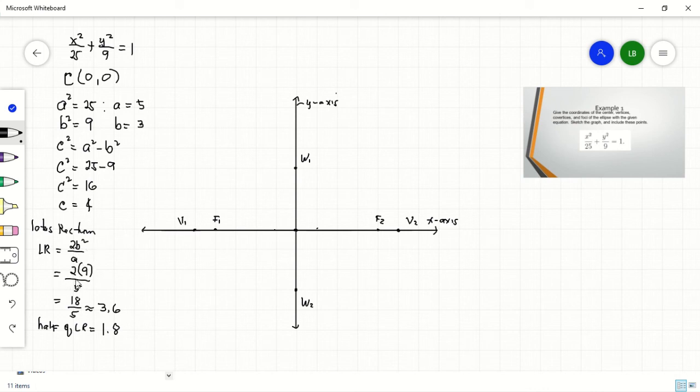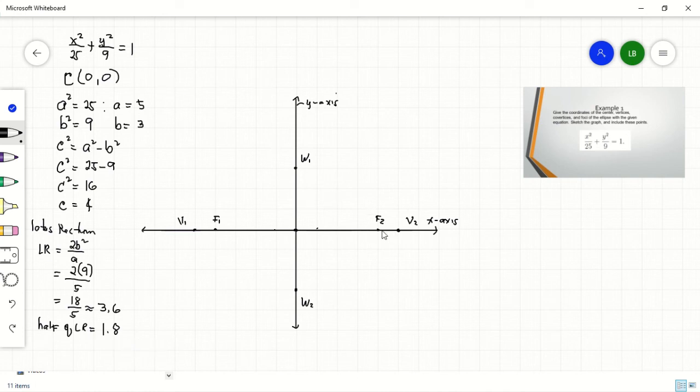So it is equal to 2 times 9 divided by 5. So 18 over 5, and it is equal to 3.6, and half of LR is 1.8.